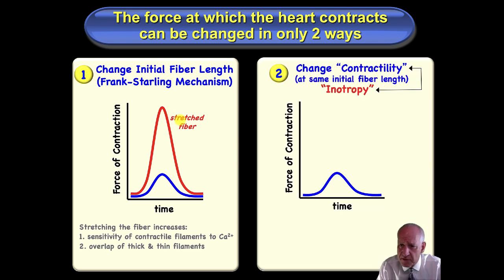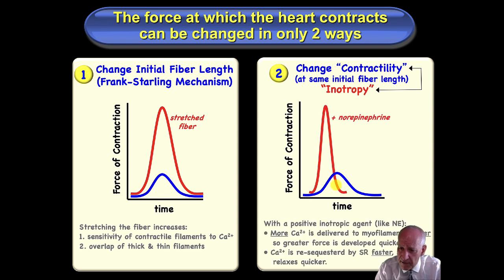The second way is for the cardiac muscle fiber to change its contractility. That is, at the same initial fiber length, various hormones can alter the contractile force or inotropy of the fiber itself. For example, if we measure the force of contraction at the same initial fiber length, no stretching, and add norepinephrine, we get a much stronger contraction, which is also shorter.